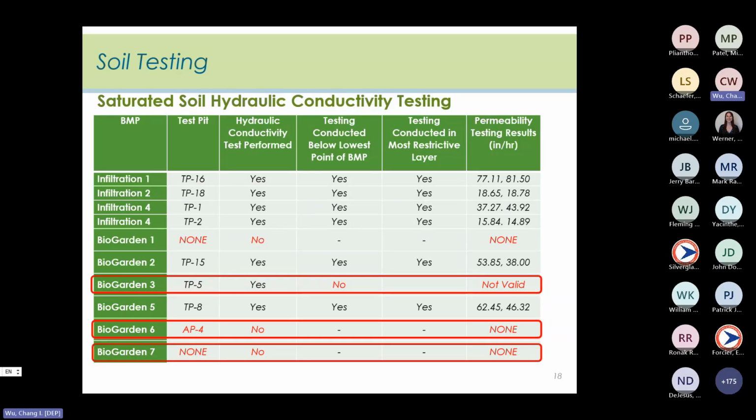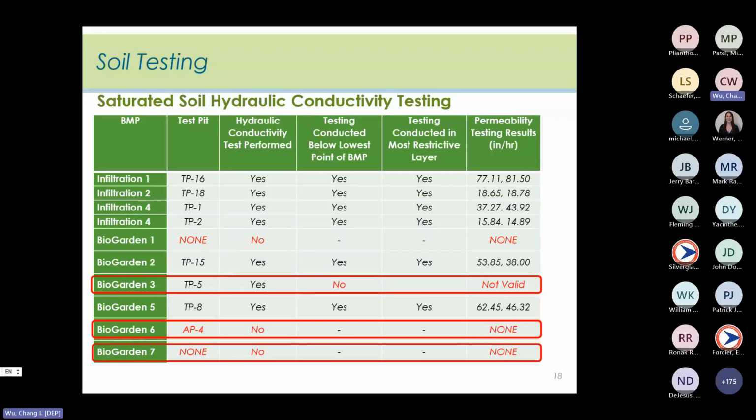A tube permeameter test was conducted for this case. However, some of the tests were not conducted below the lowest point of the BMP and were not conducted at the hydraulically most restrictive soil layer. So those test results cannot be recognized.